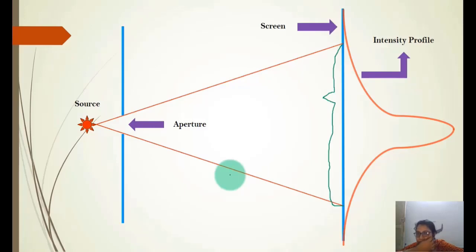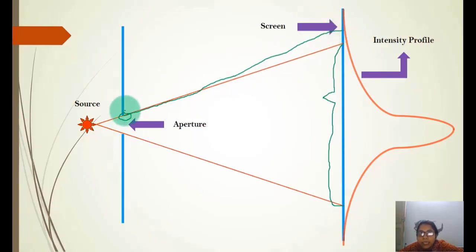But you see, through the diffraction phenomenon, when light crosses this aperture, at the corner of this aperture, the light will start bending, and suppose from here, it will move like this.